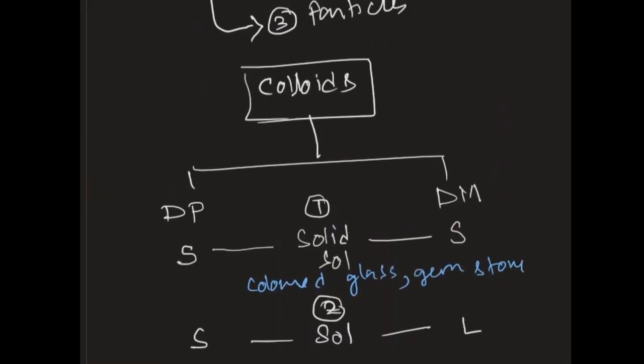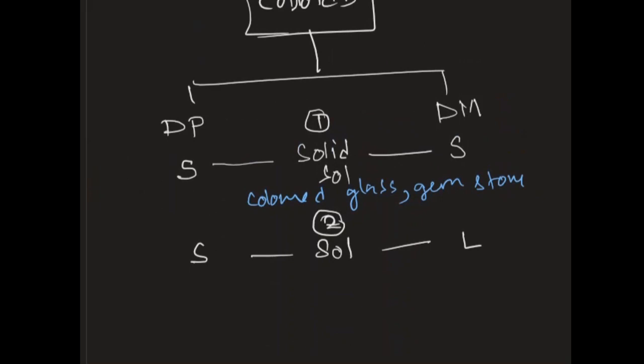And then you have solid gas, and that is called aerosol. This is known as the third type, aerosol. Examples like smoke is an aerosol, dust.